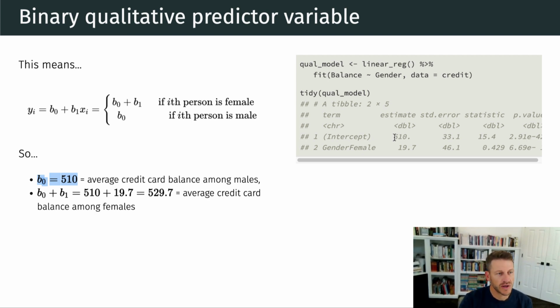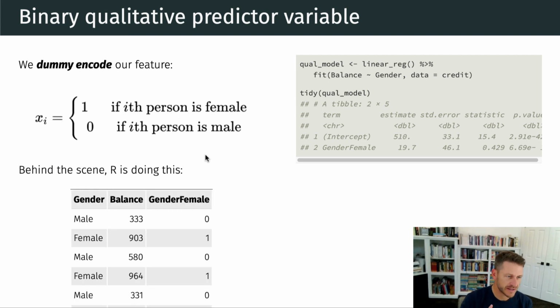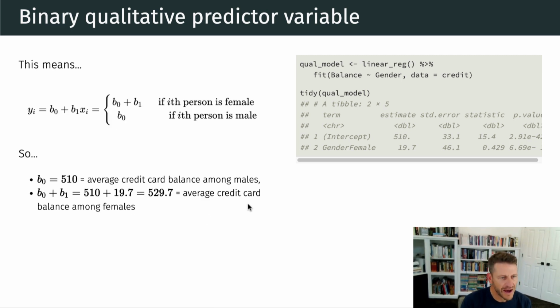Since the male observations have been coded as 0, that becomes our reference level. The intercept represents the average Y value, in this case the average balance, for that reference level, so for males. On average, males carry $510.